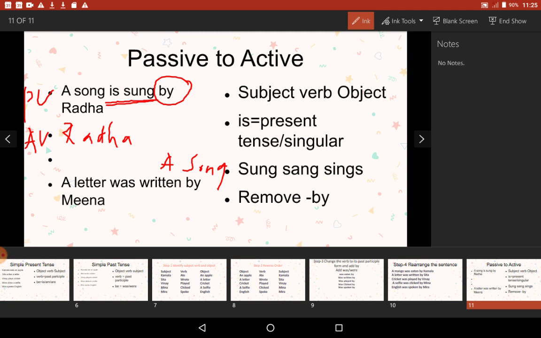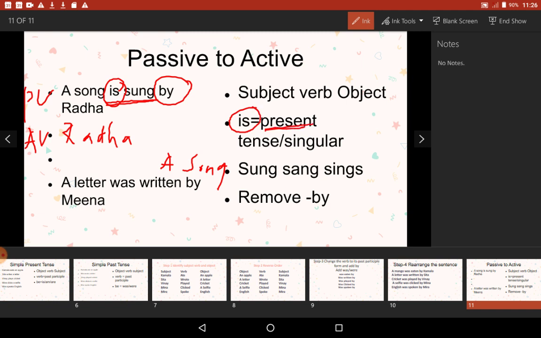Now, by looking at the main verb, we will not understand what is the tense of that word. So, in order to know the tense, we should look at the auxiliary verb. So the auxiliary verb tells us that the tense is present tense.